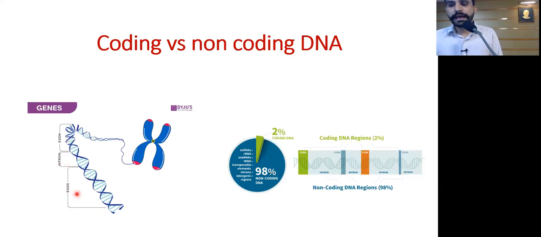These genes have exons and introns, and only 2% of the total DNA in the case of most eukaryotes gives rise to proteins. And the other 98% is non-coding. It can be ribosomal RNA, small nuclear RNA, or transfer RNA, transposable elements, intergenic regions, and introns.